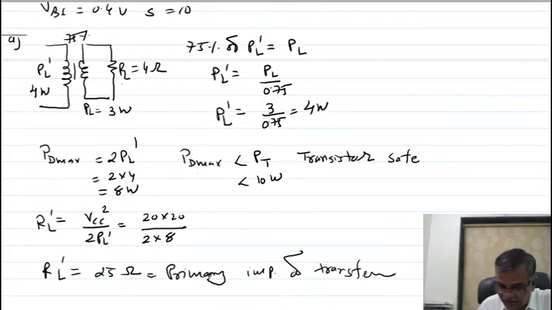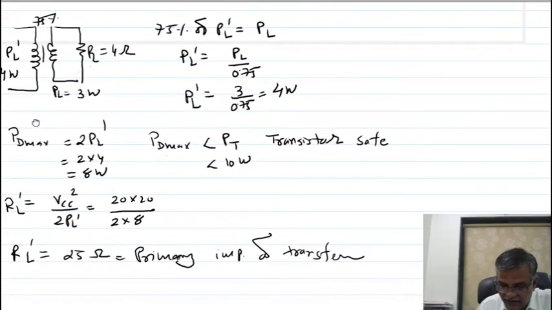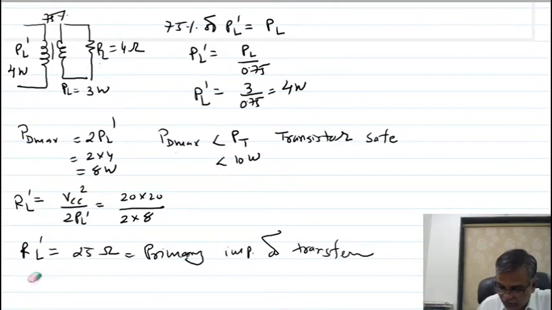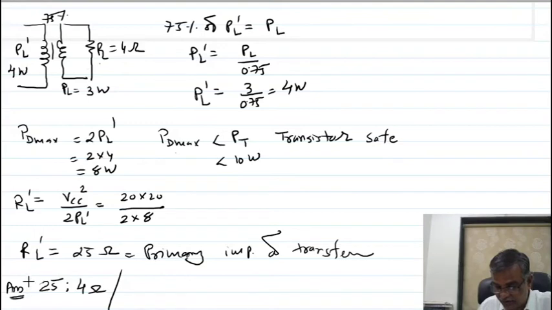So for the transformer I can write primary impedance is 25 ohms, secondary impedance is 4 ohm. This is your answer of a.